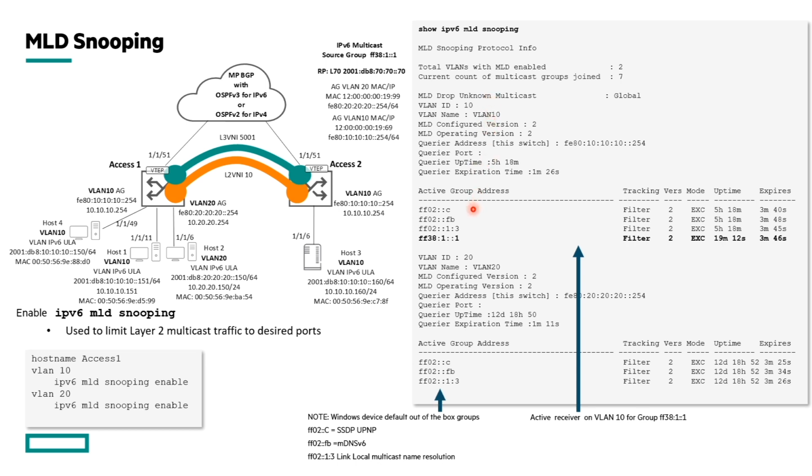The other addresses that we see are active addresses, and these are because in this specific environment I'm using Microsoft hosts, and by default out of the box they do try to look for specific multicast groups, and I've detailed those multicast groups here below, which is for UPnP, multicast DNS, and a link local multicast resolution that Microsoft hosts try to look for out of the box, which is useful information to know if you have Microsoft hosts within the environment.